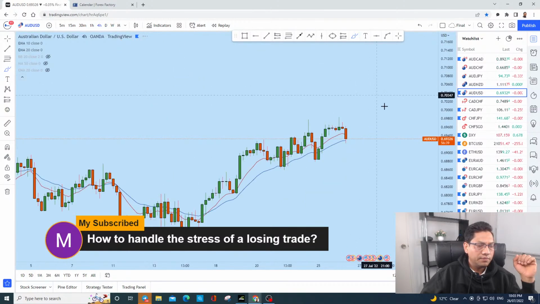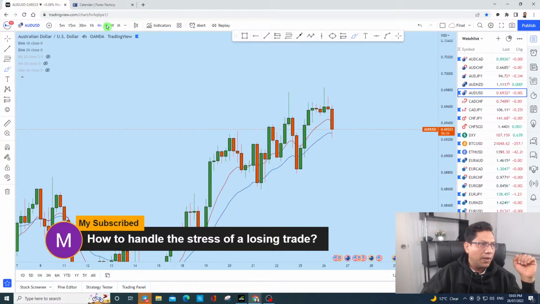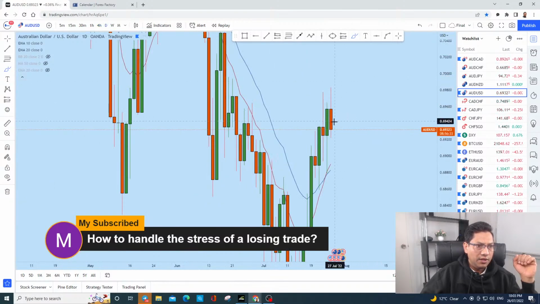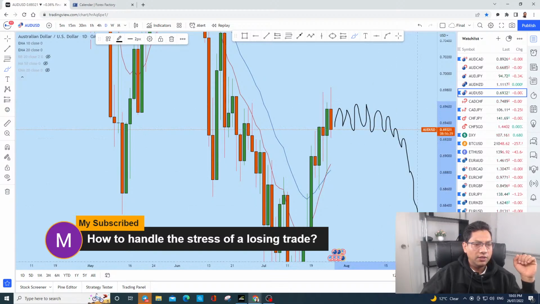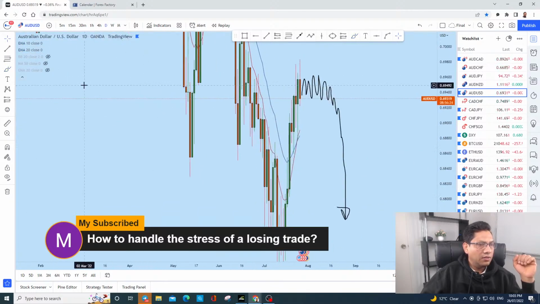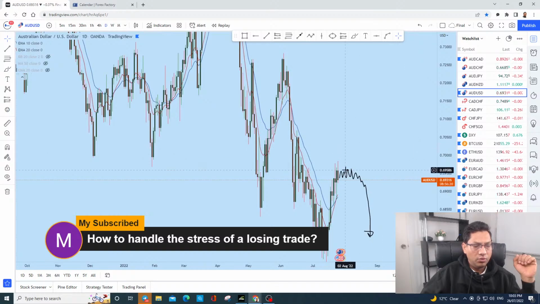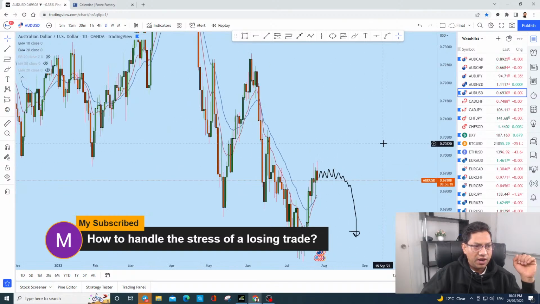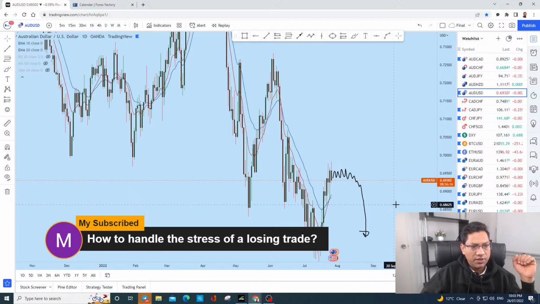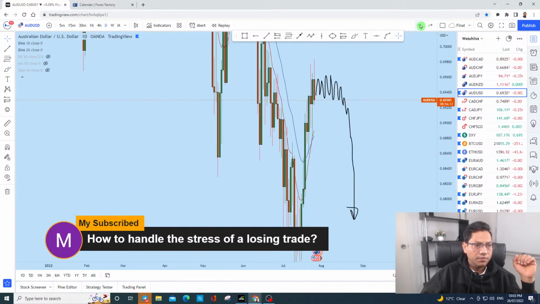Okay, what I think the Aussie dollar might do, looking at the daily again, is consolidate sideways, and slowly, like this, it might come back down again. I don't think that, the way the price is moving, it will make much further move up. It might do something like that and then come back down again.